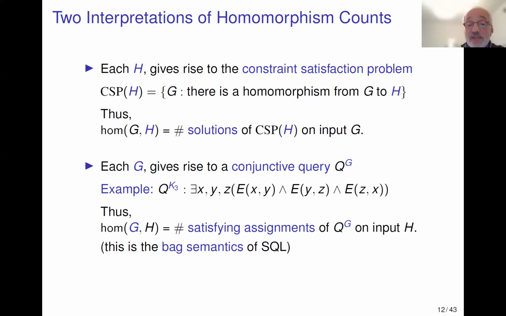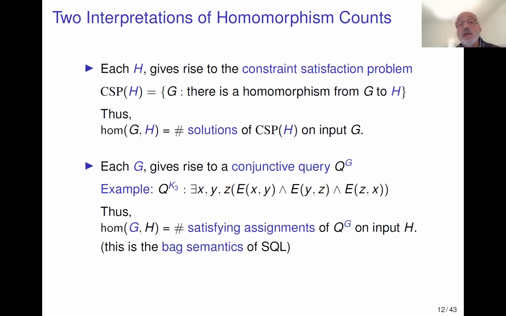Now with this perspective, the same quantity, but now looking at it from the point of view of G, the number of homomorphisms from G to H, is the number of satisfying assignments of this canonical conjunctive query when H is given as input. And this is important in databases because it's exactly the bag semantics of SQL.